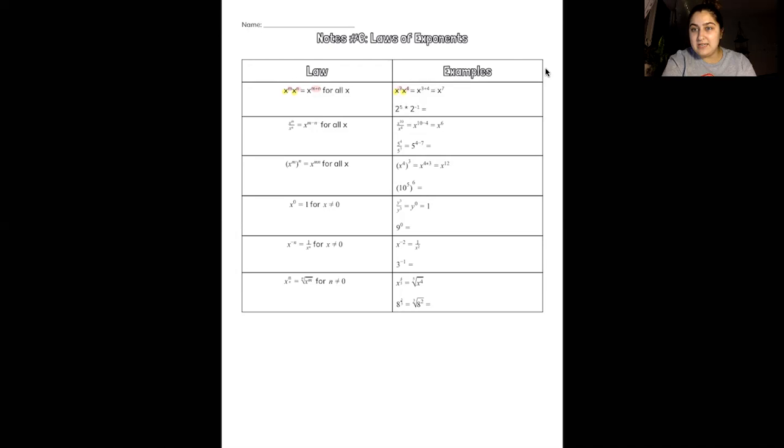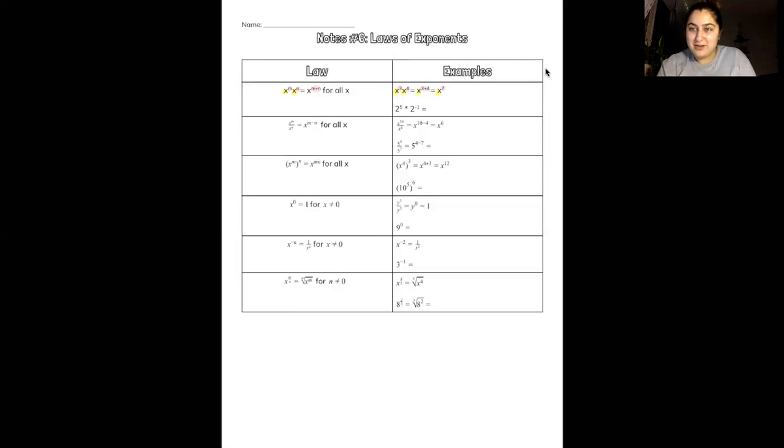And so this rule is telling us that if we have the same base and different exponents, they could be the same exponents, but as long as the bases are the same and we're multiplying them together, we just add the exponents. Right, so I end up with x to the 3 plus 4, which is just x to the 7.